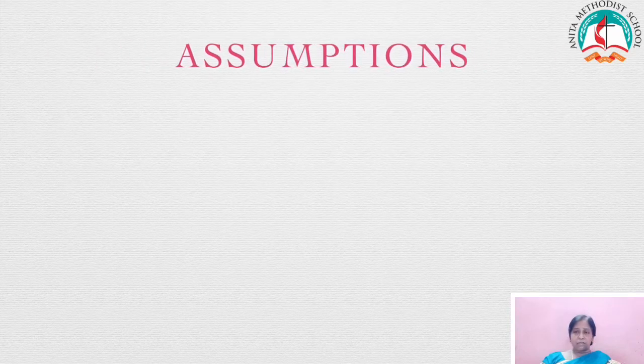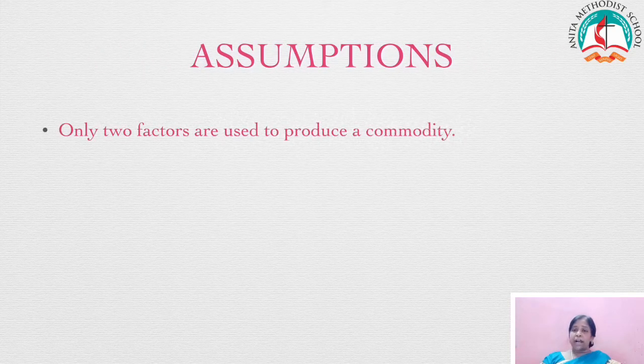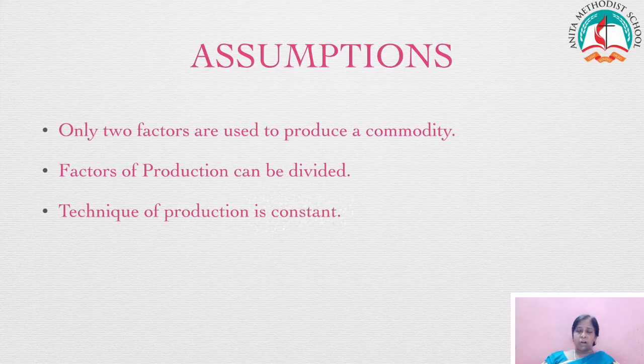And we also have assumptions for the isoquant. The assumptions are: only two factors are used to produce a commodity. Here we are using only capital and labor. The factors of production can be divided into small parts. The technique of production is constant, always constant.